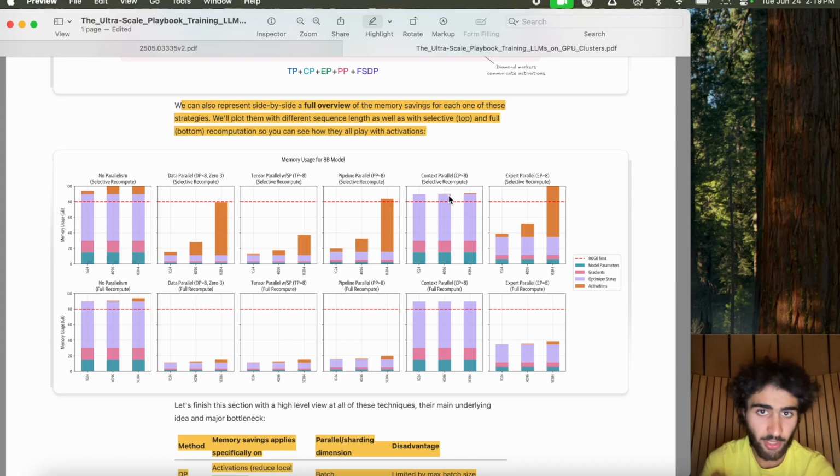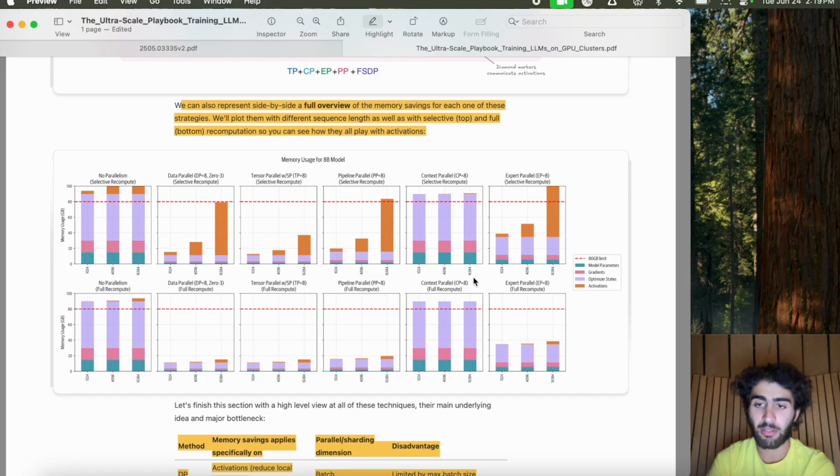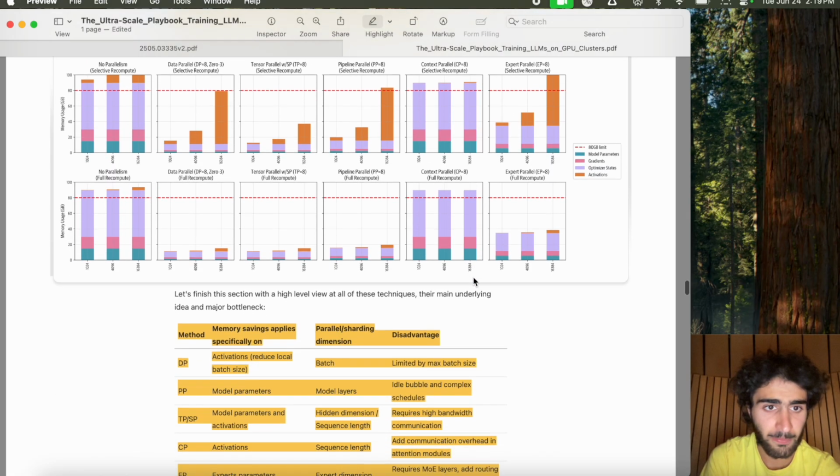And just as a reminder, context parallelism is the method that splits up the attention head. And perhaps this is because we're only going up to 16,000 sequence length, or context length, which is much less than the 128K that they discussed, where context parallelism becomes necessary.